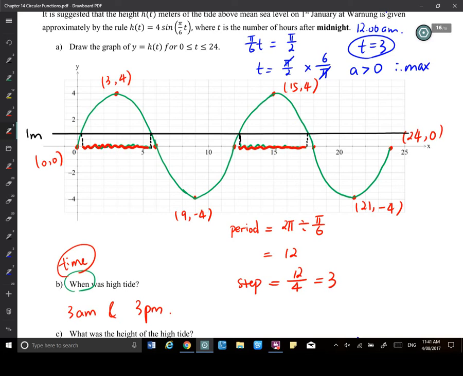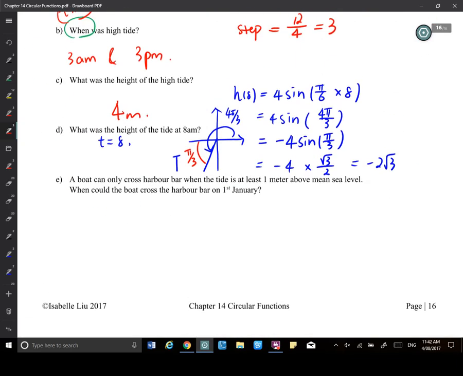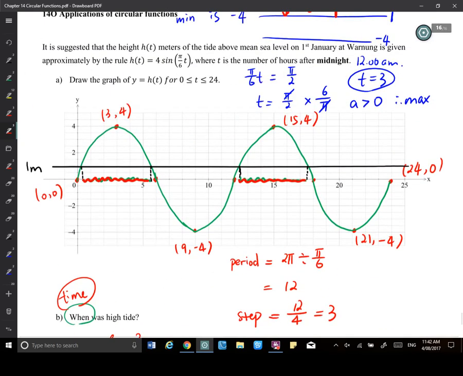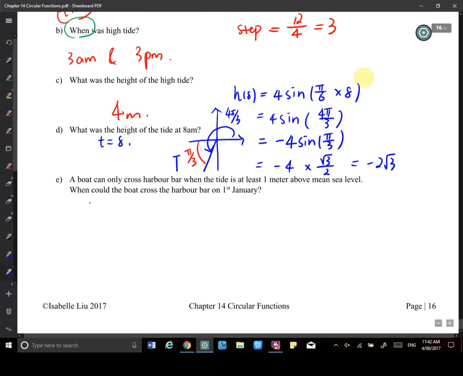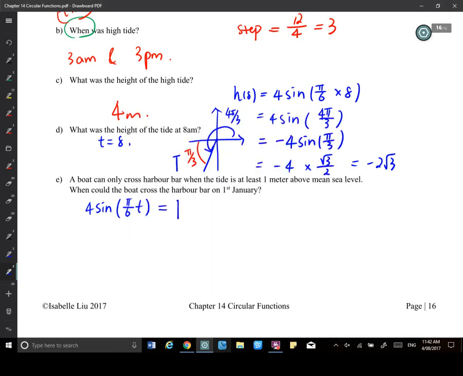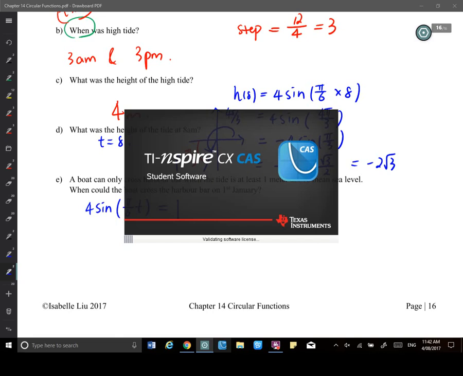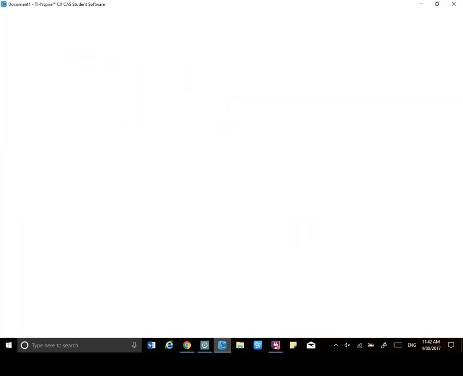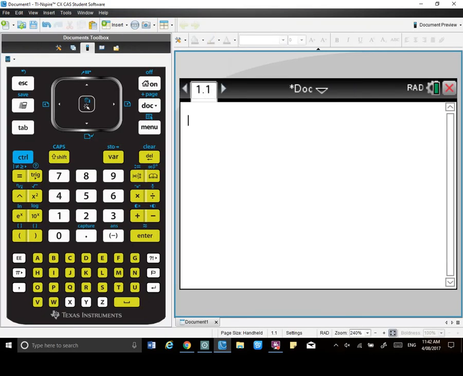So the important thing now is solving for the point of intersection. How do we solve for it? We have 4 sine pi on 6 t equals 1.